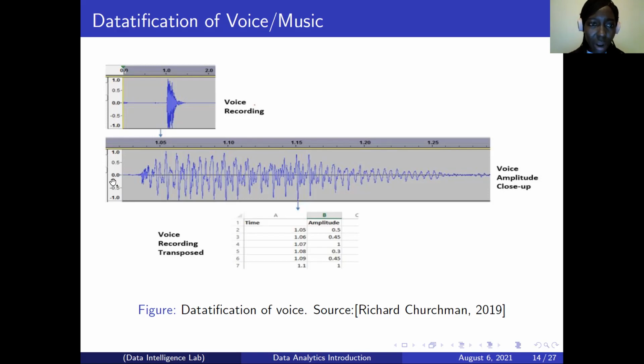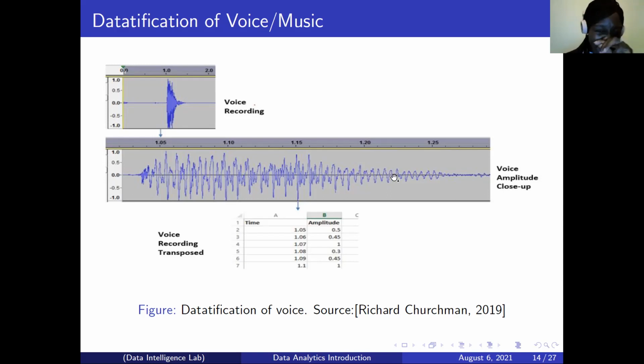So look at a graph sheet here. This is like a representation of a voice recording, and it comes in very, very minute heights of amplitude, right? So when this is expanded, you have it in the form of this on the graph.